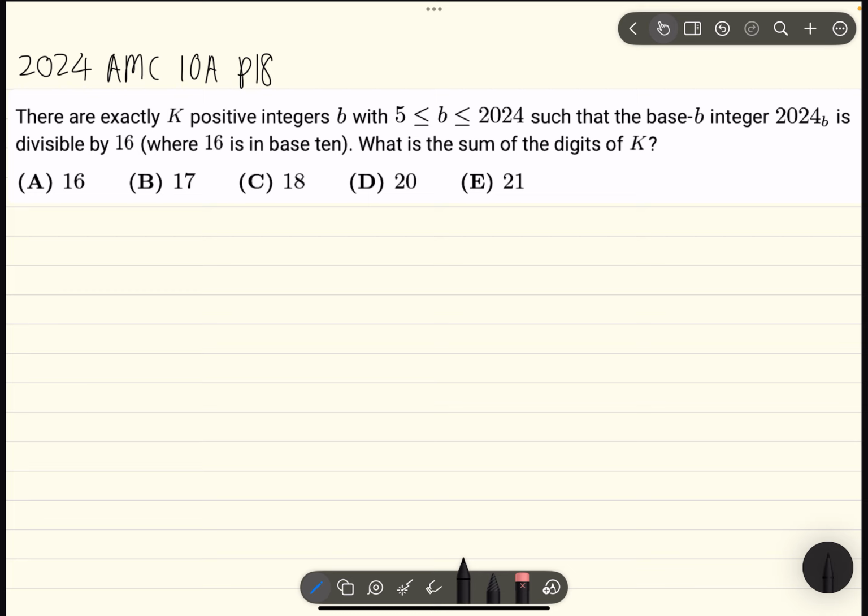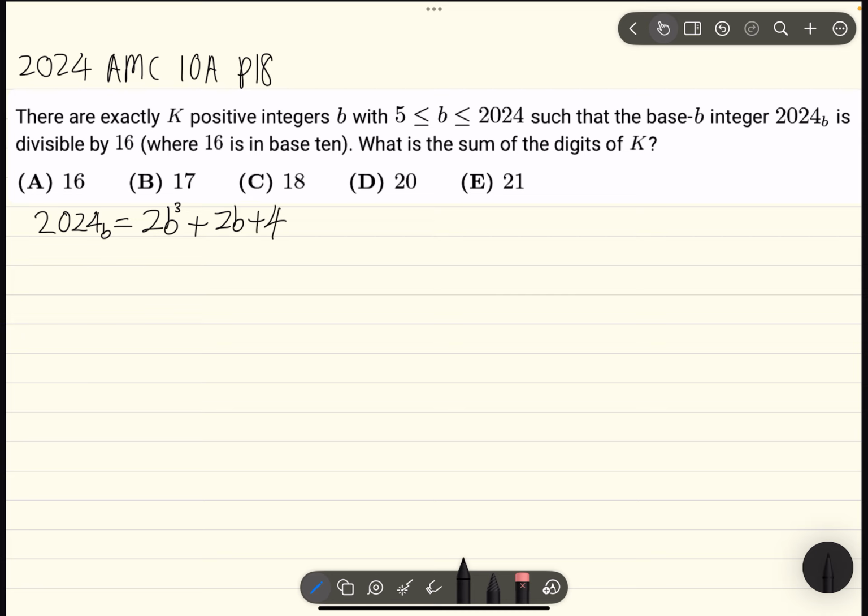So we want to dissect this integer, which is basically 2024 in base b. That's 2 times b to the power of 3, plus 0 times b squared, plus 2b plus 4.